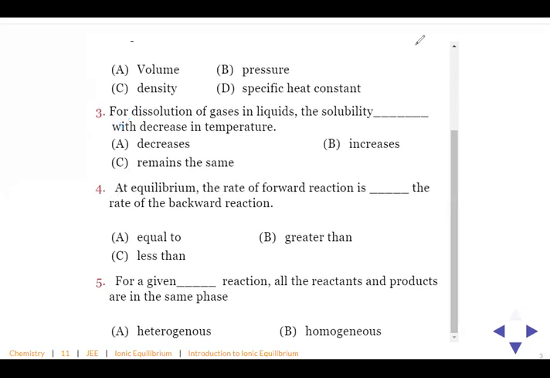For dissolution of a gas in a liquid, the solubility dash. Tell me.